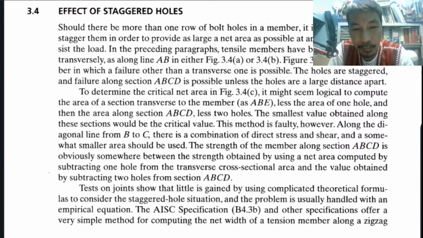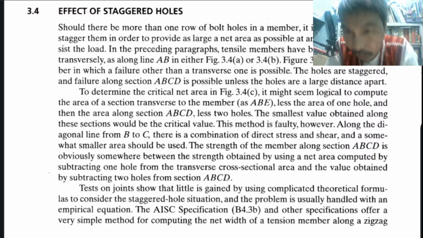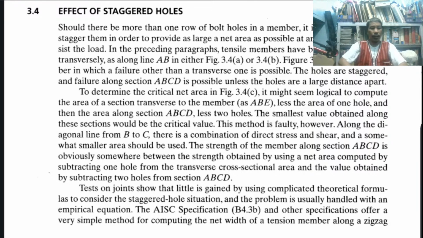For example, in the last figure, we have 8. That's correct. There are 8 bolts. So having the same number of bolts, we can have a larger net area if we would stagger the holes.